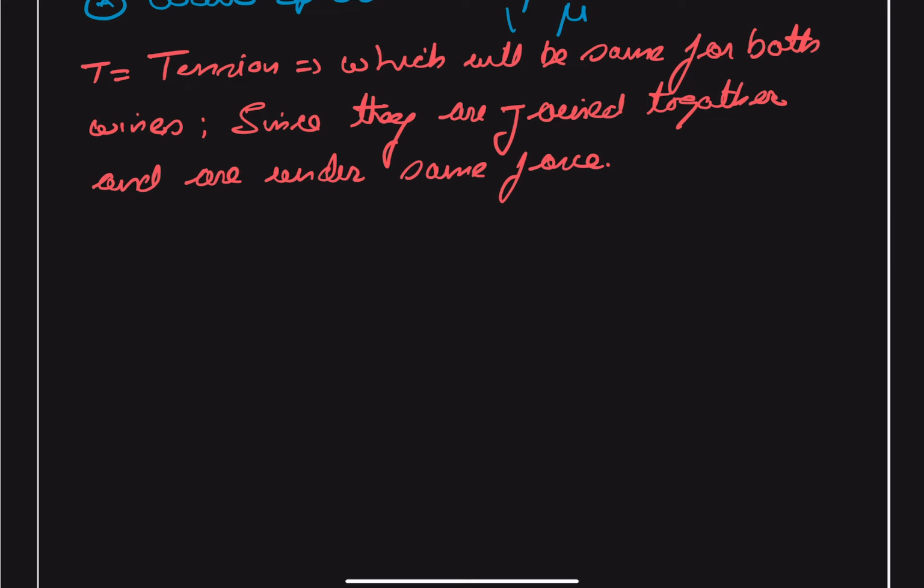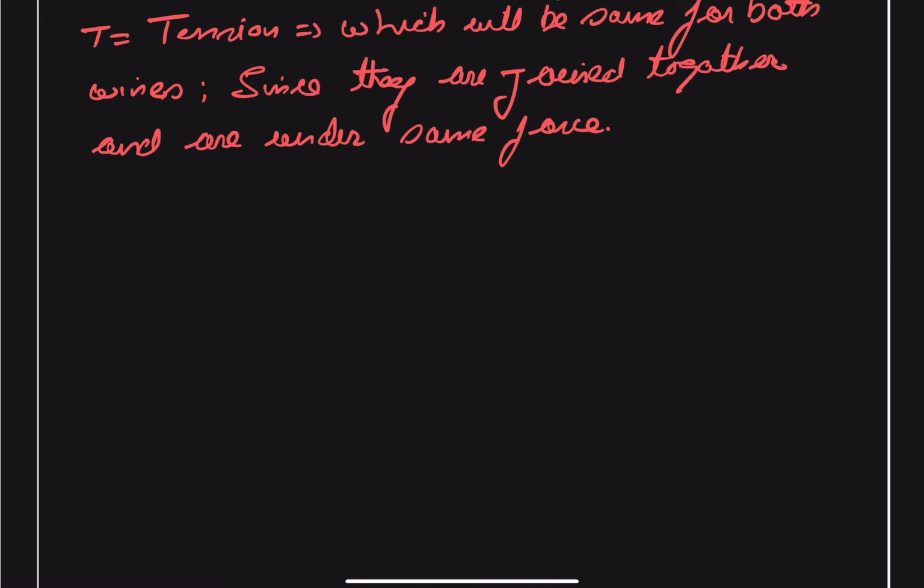And mu, we know, is our linear mass density. So we can write this formula as mass over length. Obviously this will be a little different for both the wires.